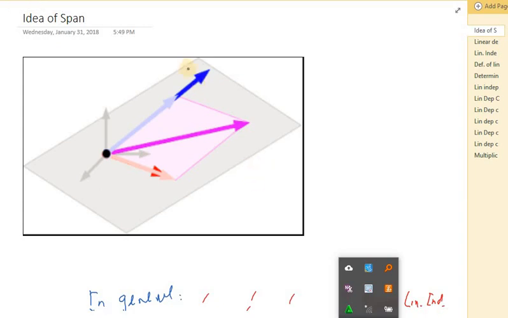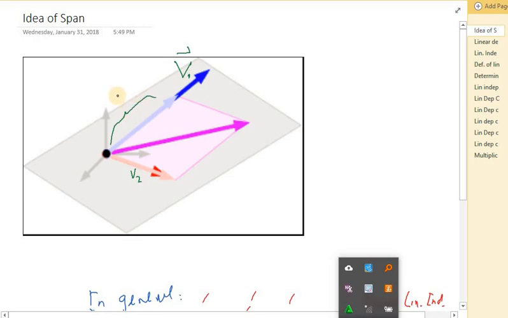Now, if I wanted to be more specific, I could refer to this long blue vector as V1. I'll put an arrow over it to indicate it's a vector. And this short red vector is V2. And this scaled version of V1, I could call aV1 because it's a scalar multiple.